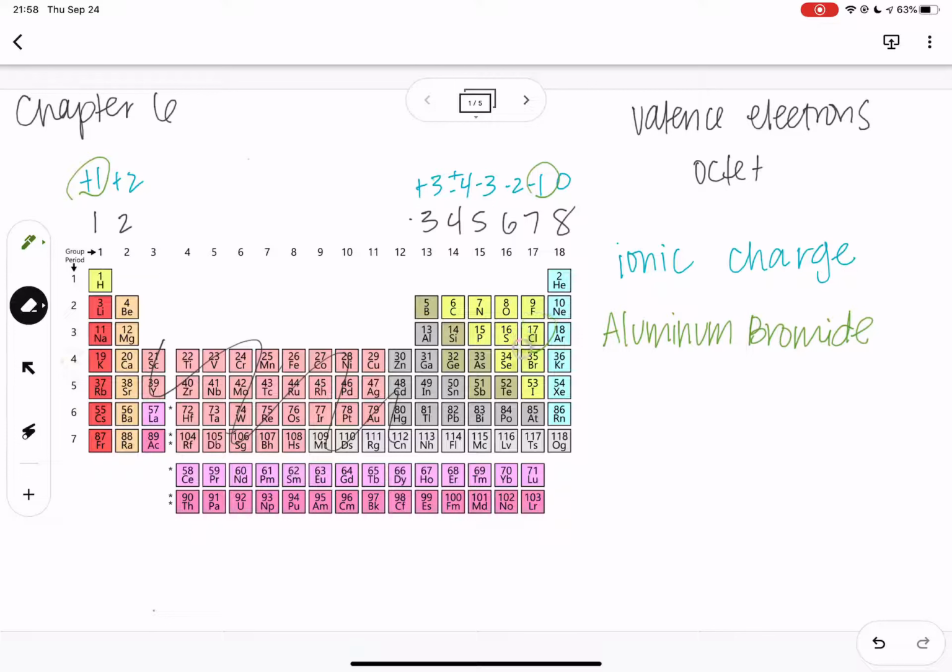Aluminum, we see here in group 13, it has a +3 charge, so Al +3. And then bromine is here in group 17. It has a -1 charge. Bromine, -1. Now there's a couple ways you can do this.